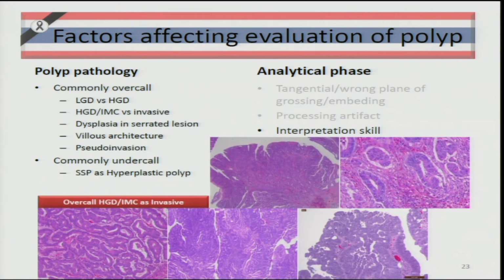And the final thing that would affect the polyp evaluation is pathologists themselves. Regarding interpretation skill, pathologists look at the same thing and can overcall, undercall things. And for non-GI pathologists or general pathologists, they tend to overcall things rather than undercall things.